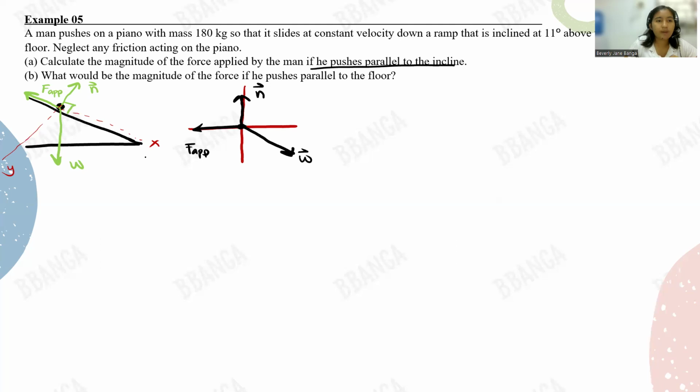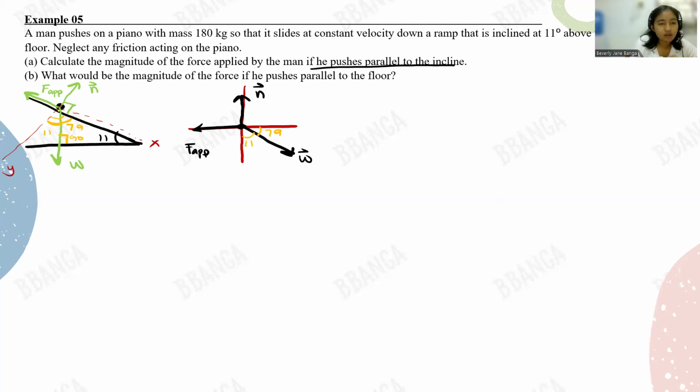Okay. Weight. So, ito is 11 degrees. If this is 11, then this is 90. Then this must be 79, ba? Okay. This must be 79. So, itong part na to, this is 79. And this must be 11. Para 79 plus 11 gives you 90. So, this must be 11.